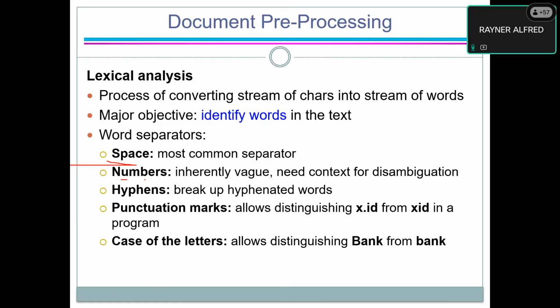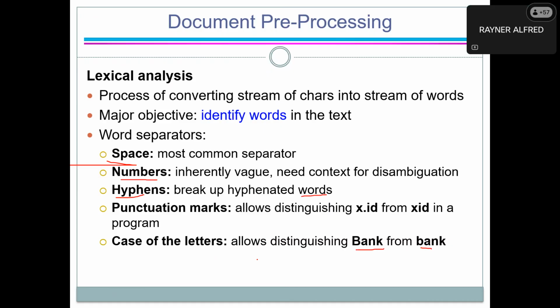We ignore the numbers. For hyphenated words, we break them up into 2 words. Then punctuation marks, and the case of letters. All of these have different syntax and also carry some meaning.